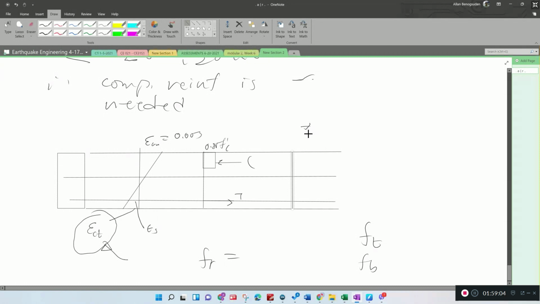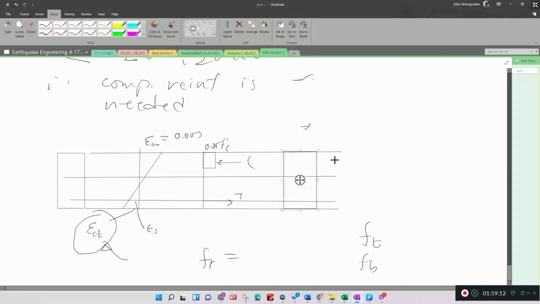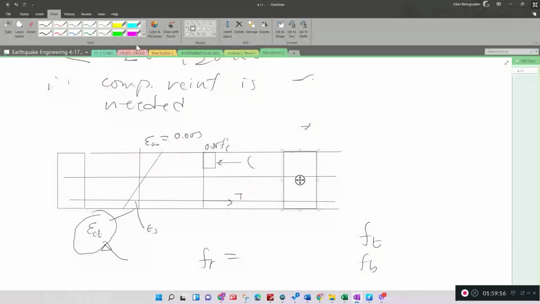Ang pinag-usapan natin ay sa compression. So, meron tayong ito yung bakal. Ito ay A prime S. Ito naman ay A sub S.